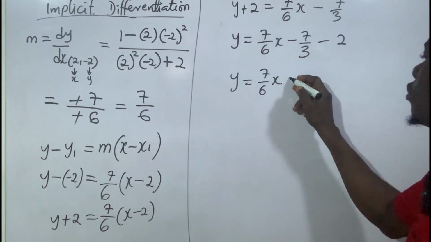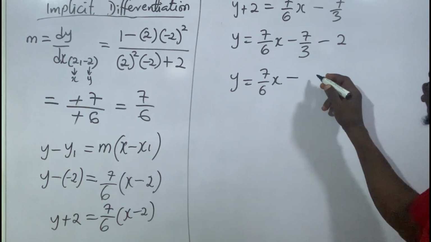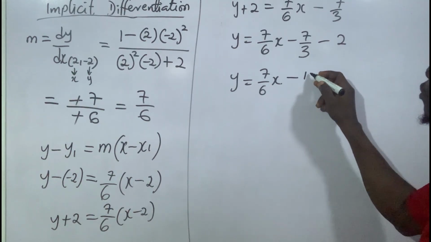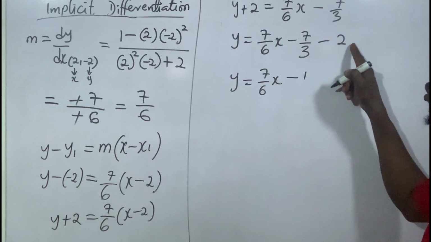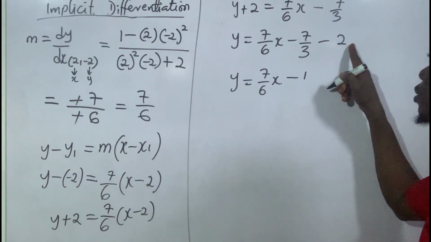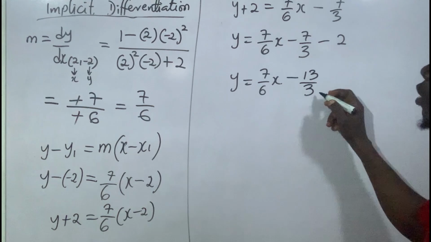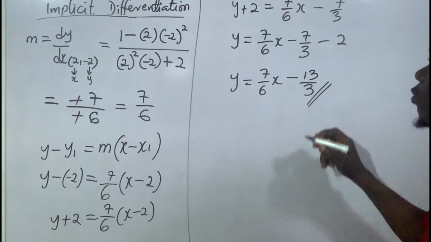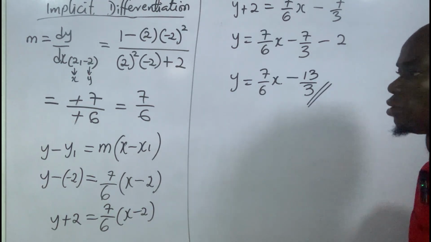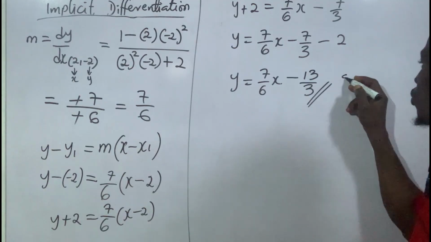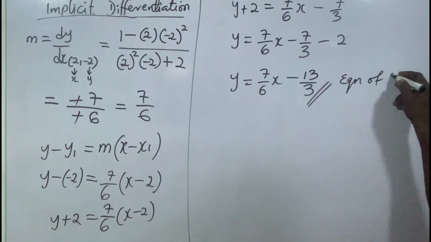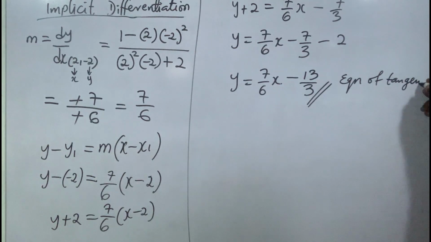What would that give us? That will give us minus 13 over 3, since 3 times minus 2 is minus 6. So this is the equation of tangent. This is what we just got.